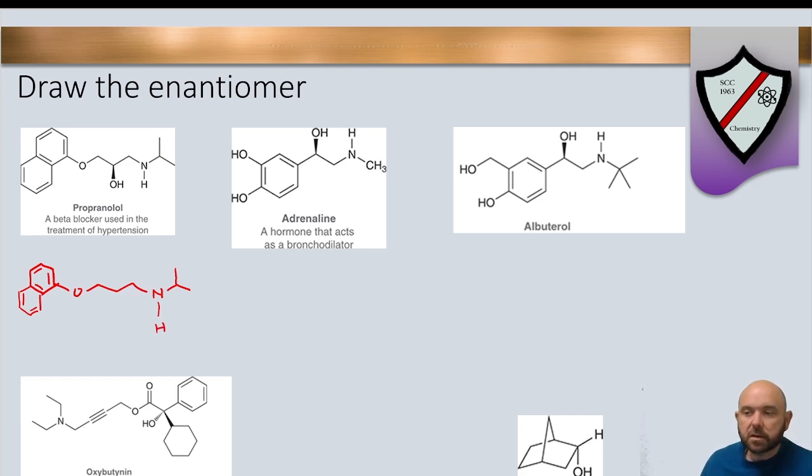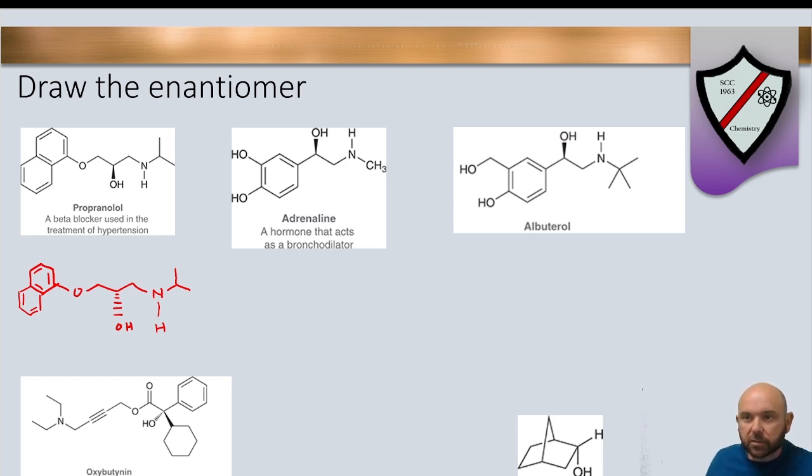And where I have the hydroxyl group there on a wedge, I'll want to change that around and put a dash there. And that's how we draw the enantiomer of the propranolol molecule that we have represented there.